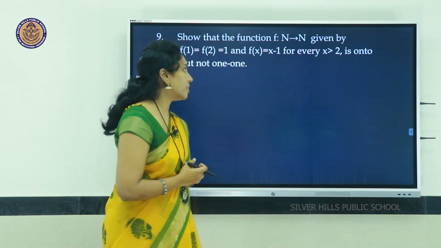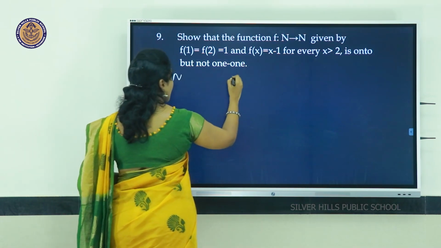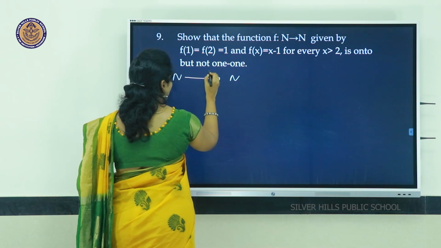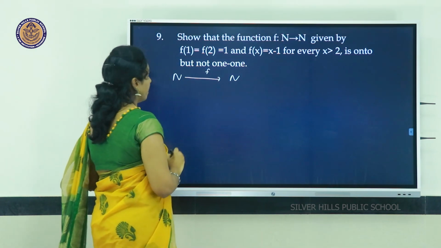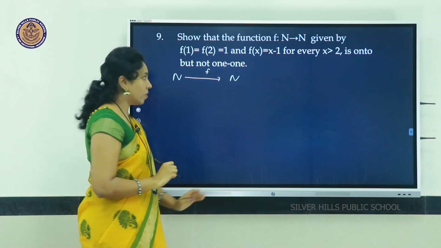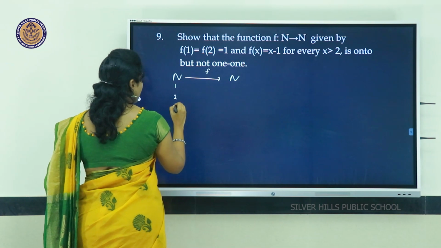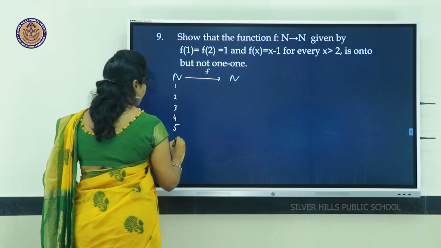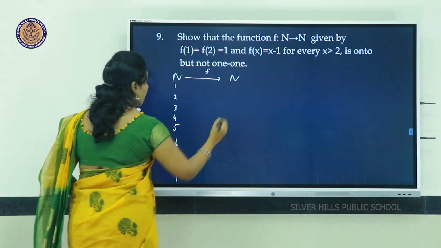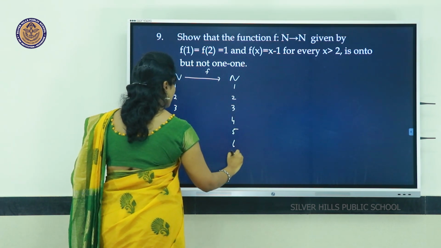Here the first set is N, second set is also N, the function is from N to N. Natural numbers 1 2 3, I will just list 1 2 3 4 members. Here also I have 1 2 3 4 5 6 7.